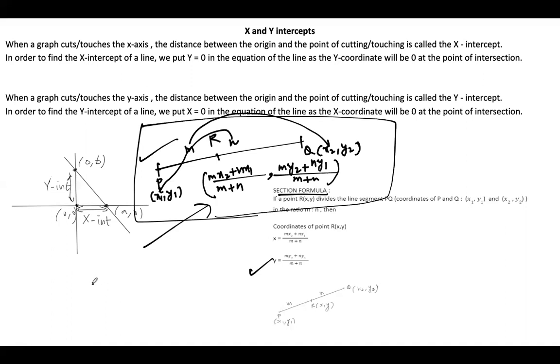So let me ask you, if there's a point, let's say 1, 2 and 5, 6. Let's say there's a point R that divides the line in the ratio 1 is to 1. What will be the coordinates of R? Who's going to help? Gaurav, can you help?